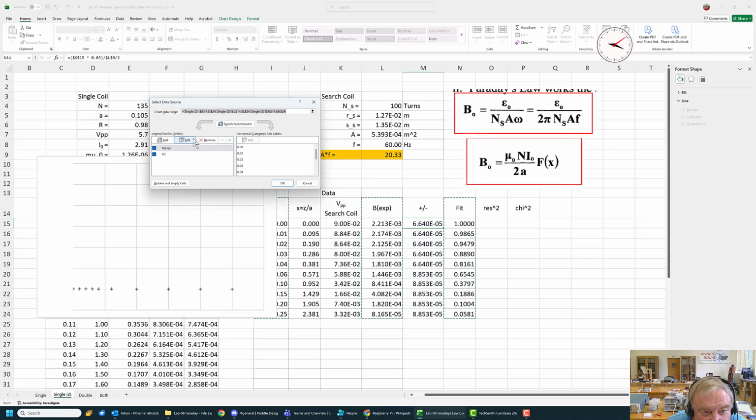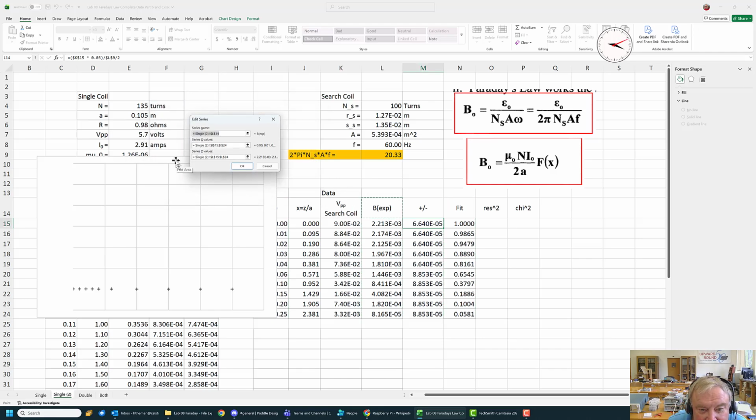Select data, edit. Yeah, what's going on?